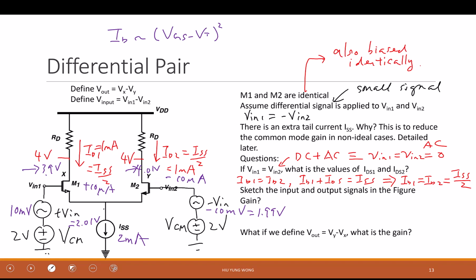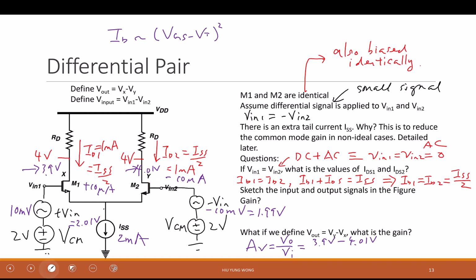So what is the gain? The gain is Vout divided by Vinput, which is Vx minus Vy. What is Vx? 3.9 volts minus Vy, which is 4.01 volts. Do you agree? That is the difference of the output, right? From 4 to 3.9, from 4 to 4.01.